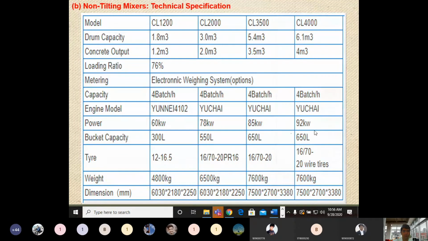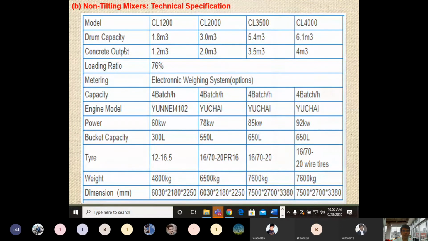Then power: as the drum capacity goes on increasing, the power consumption also goes on increasing. Okay. So in case of the drum capacity of 1.8 meter cube, the power consumption is less, 60 kilowatt. But in case of the drum capacity of 6.1 meter cube, the power consumption is 92 kilowatt.